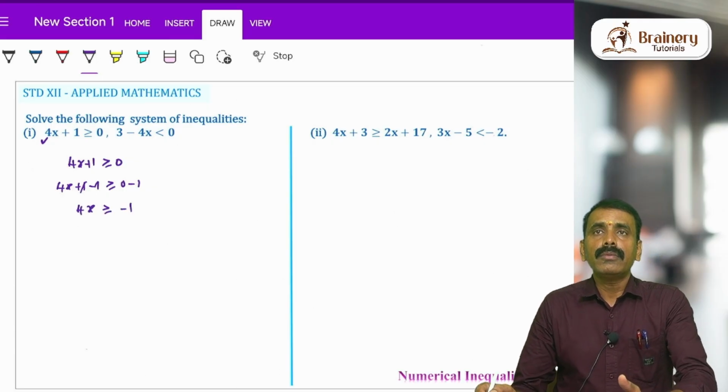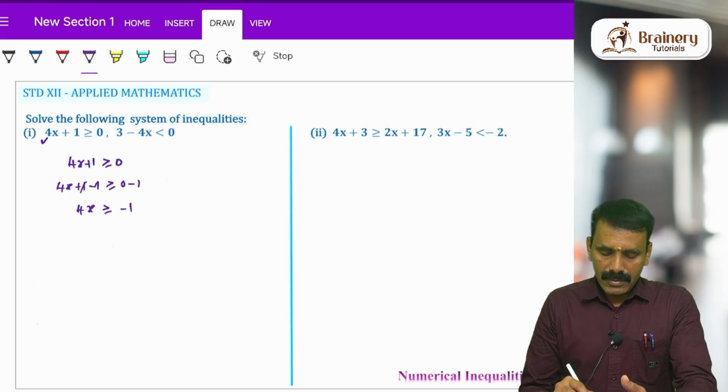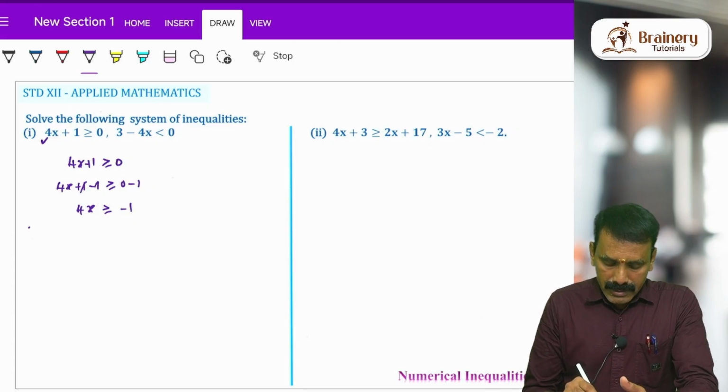Now I want to remove 4. Okay. So the multiplicative inverse of 4 is 1 by 4. So multiply with 1 by 4. So 1 by 4 into 4x is greater than or equal to 1 by 4 into minus 1. So 4 cancels. So x is greater than or equal to minus 1 by 4.